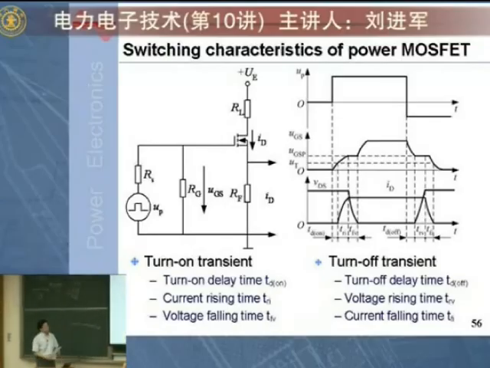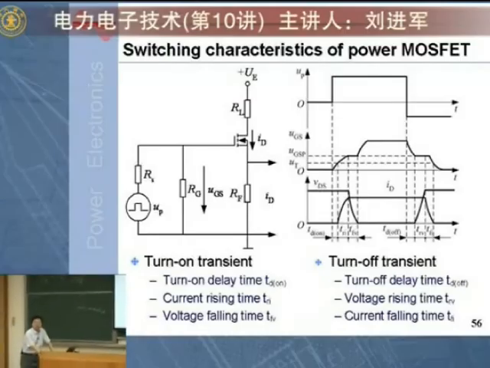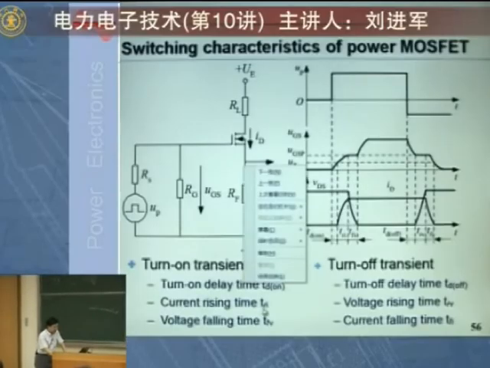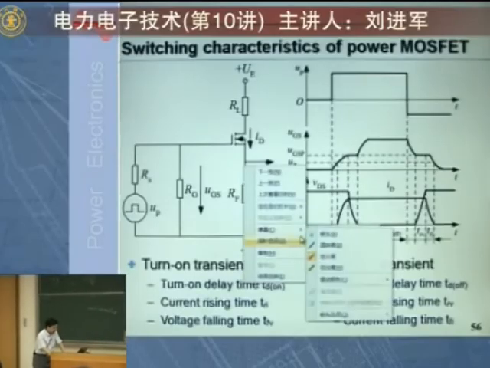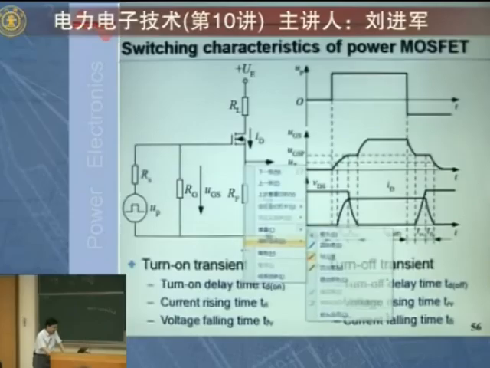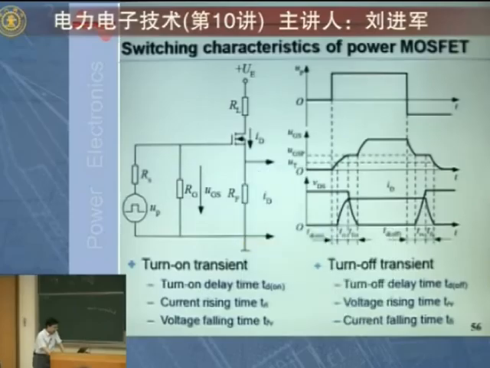But if you look at the turning on process and turning off process, there's one thing different. You probably have noticed that. This area.